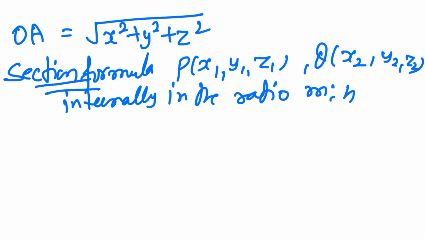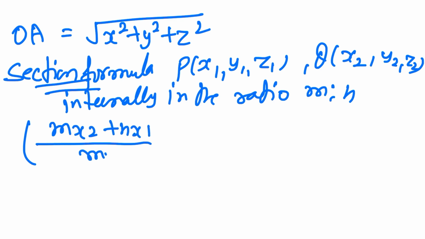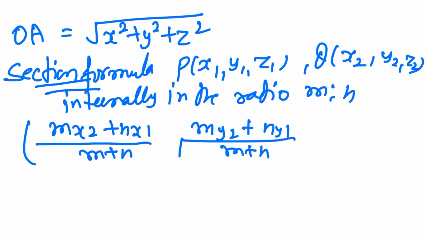So by using the section formula, the coordinates are (mx2 plus nx1) over (m plus n), (my2 plus ny1) over (m plus n), and (mz2 plus nz1) over (m plus n).